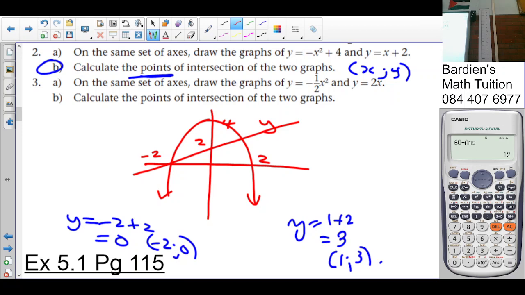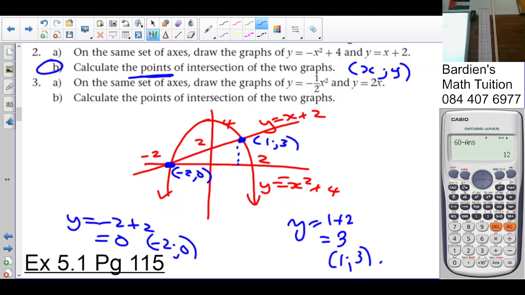So that is y equals x plus 2, and the other one is y is equal to negative x squared plus 4. Now the points that we have calculated here, you see that is negative 2 and 0 here. Did you see that? Whilst this point here is 1 and 3. Now it should make sense to you. Can you see that, people? There we go.